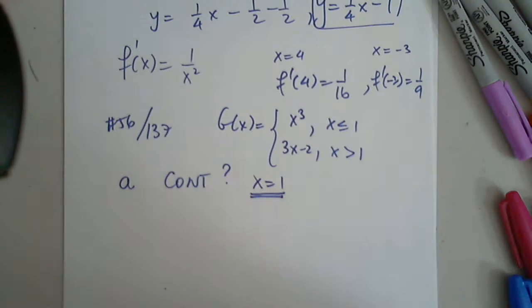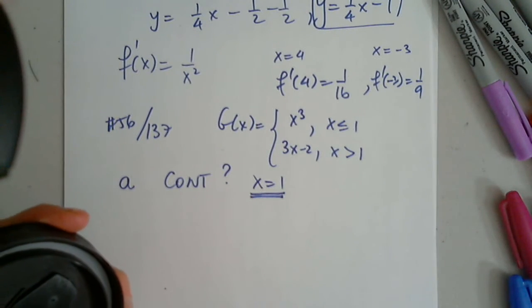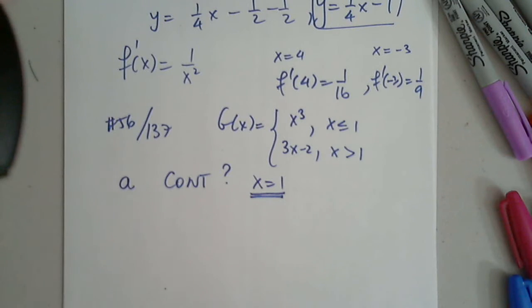Continuity at a point. Anyone? The right-hand limit and the left-hand limit. The limit from the left, the limit from the right must equal the same thing. And what else? Very important. They must be equal to the value of the function at that point. Excellent.